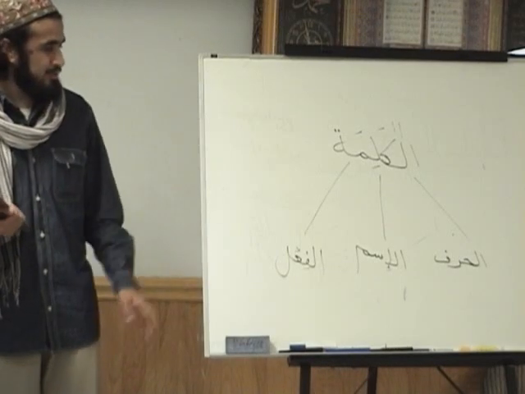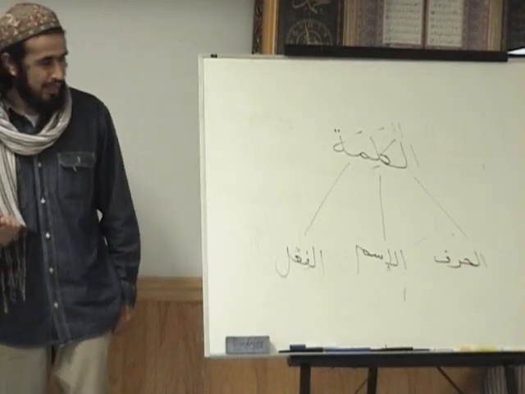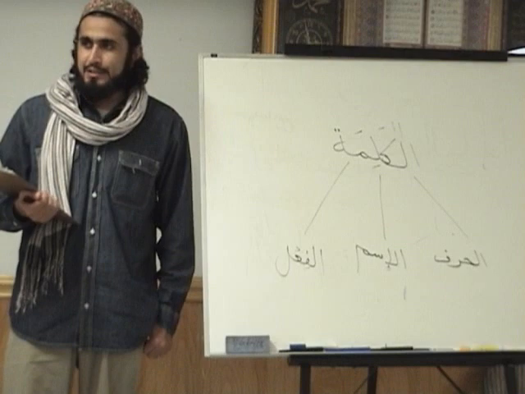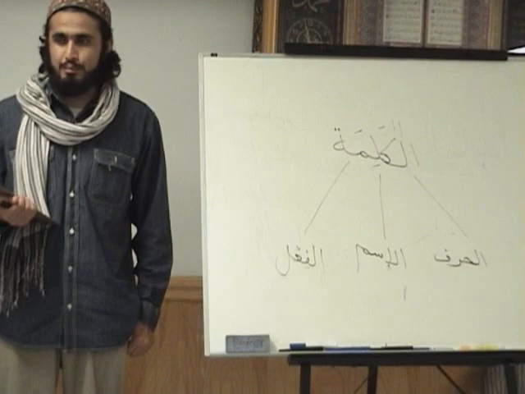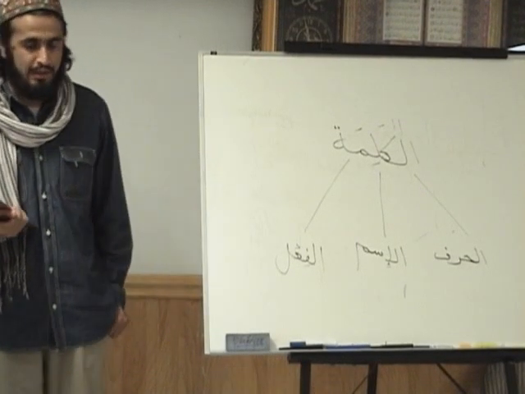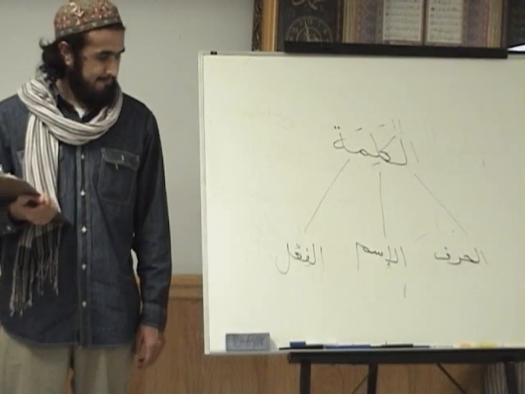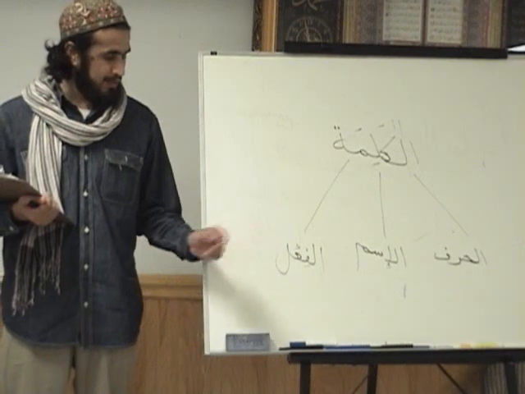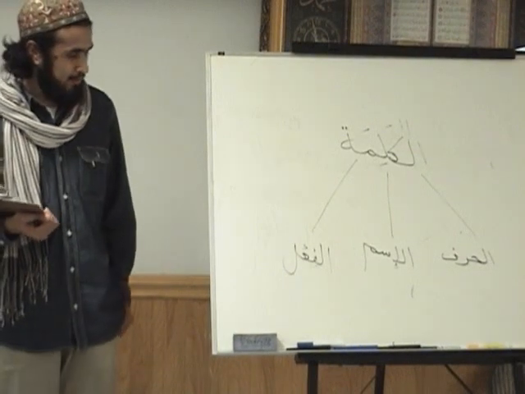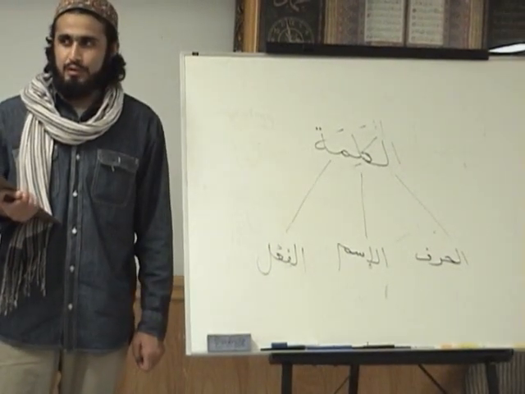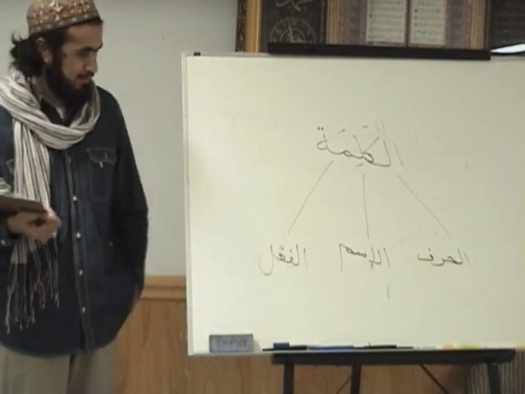That meaning will become clear once we know the definition of al-ism. Al-ism is also a kalima, meaning a word that has a meaning without any connection to a time. It has no implication of time. It doesn't make sense to have a time for it. So al-fi'l is approximately equivalent to verb. It is a word that has a meaning that has a connection with one of the times, past, present, or future.